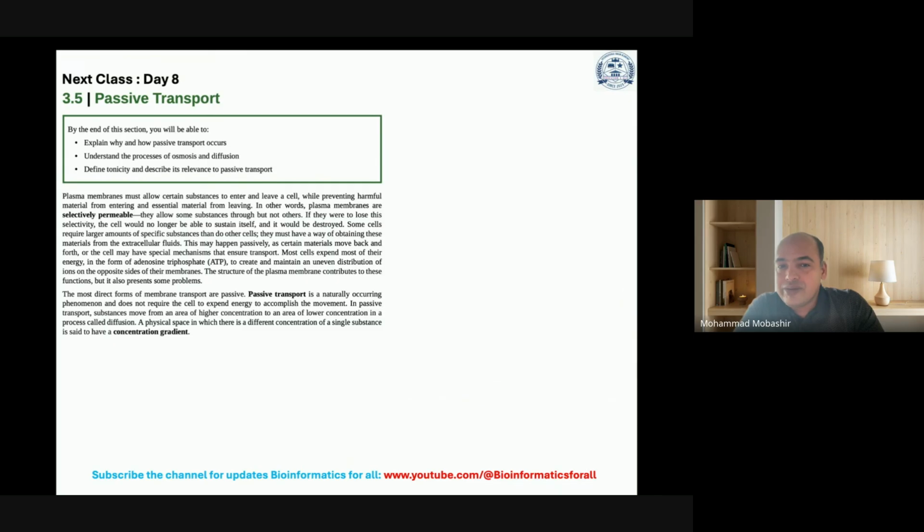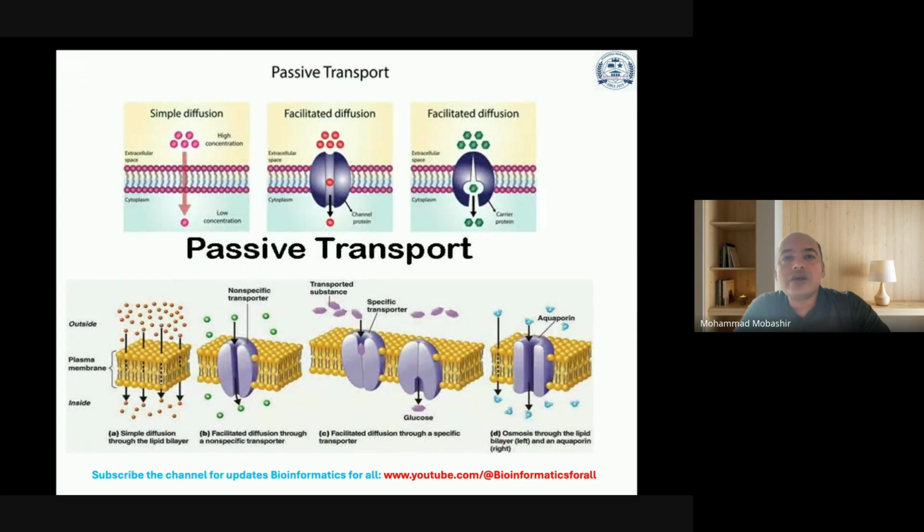This is an important term you need to know if you want to understand active and passive transport. Here in passive transport, it may look something like this.